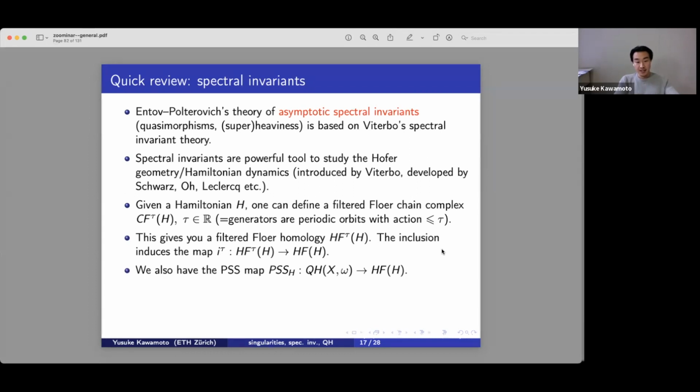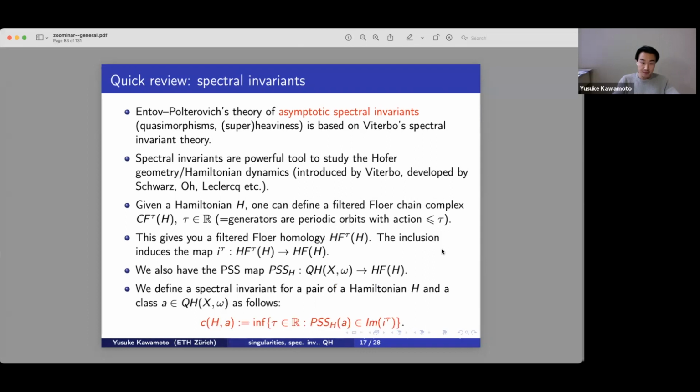And we also have this nice PSS map that relates the quantum cohomology to the Floer homology of H. And now spectral invariants, they're real numbers assigned to a pair of a Hamiltonian and a class in quantum cohomology. So the spectral invariant of H and A is defined as follows.